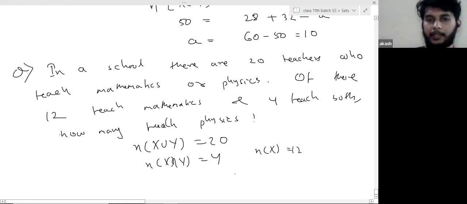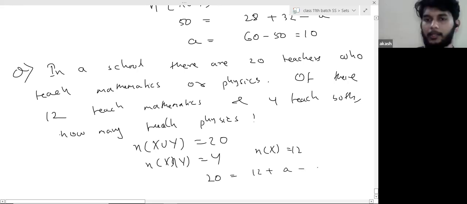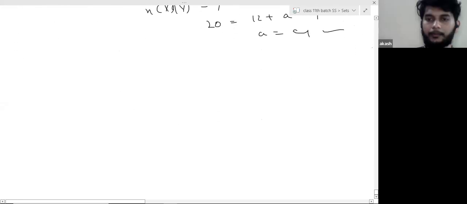So we can write 20 equals 12 plus small a minus 4. So a equals 4. All right. Very simple. Another question.